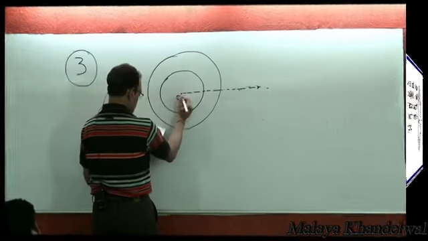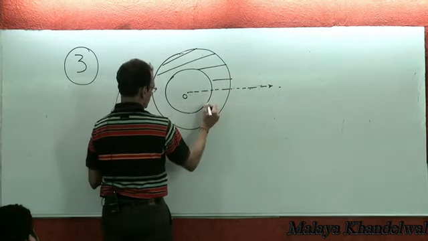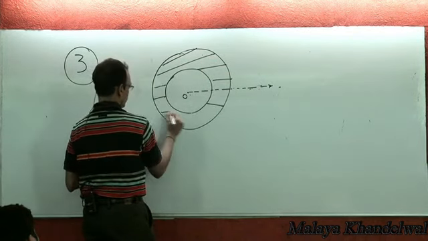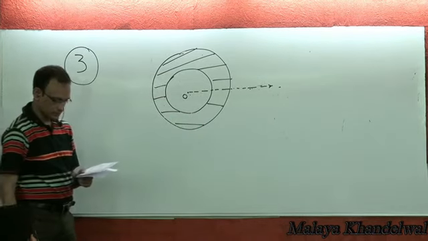At the center of this region, this is a conducting region. This is a conductor. This is a cavity inside the conductor, right?